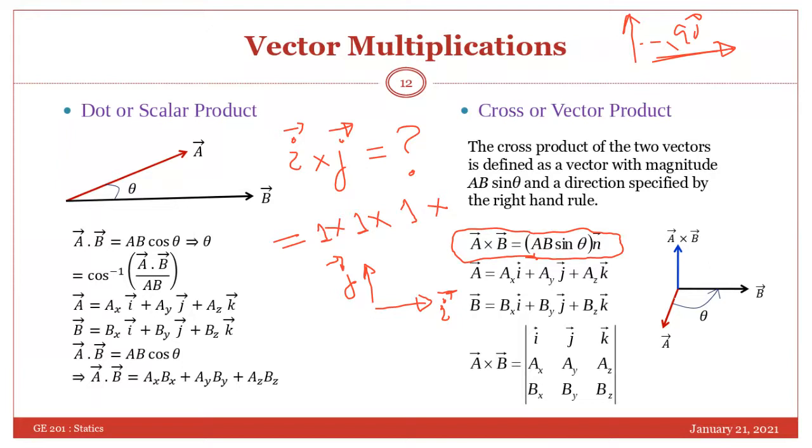That is the positive z direction, because outside the plane is the positive z direction. In the positive z direction, the unit vector is small k. So the direction of the vector I cross j is the positive z direction, and the unit vector there is k. So you will write k here. What you get finally is 1 into 1 into 1 into k, that is equal to k.